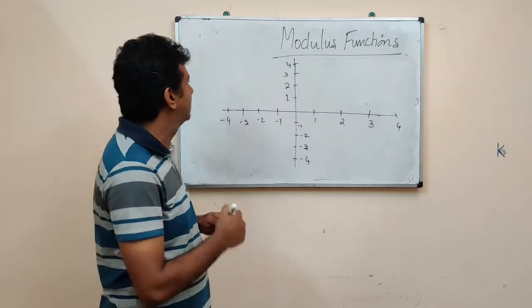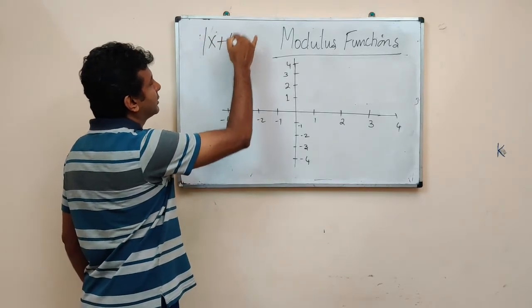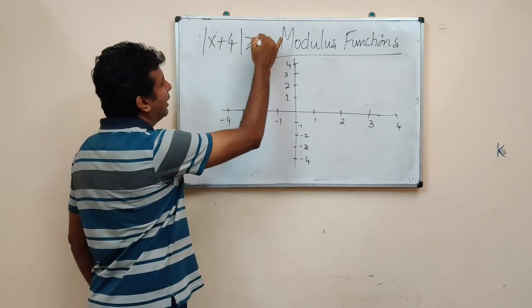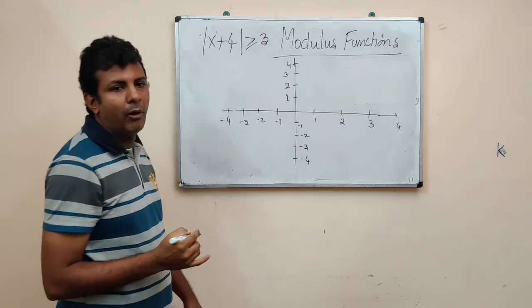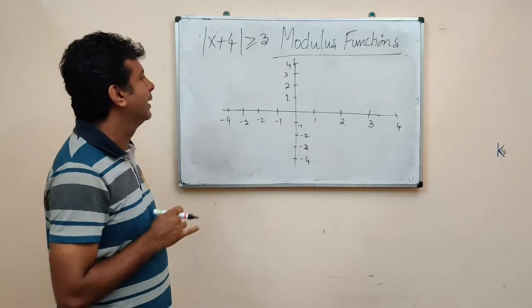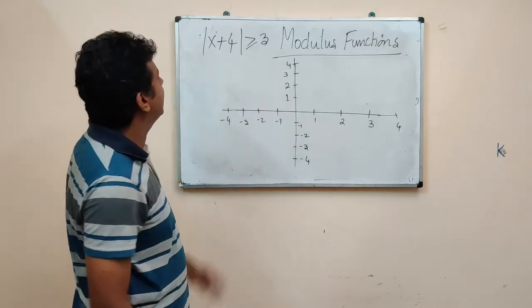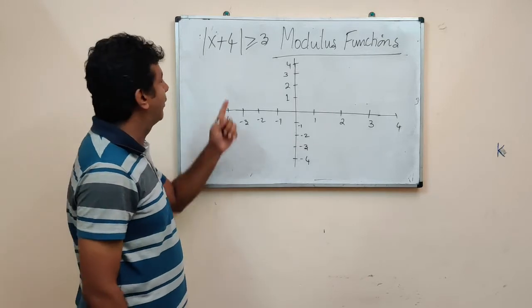Now let us see this. Imagine the equation mod of x plus 4 greater than or equal to 3. How will I represent this in the xy plane? Imagine x equal to 0.